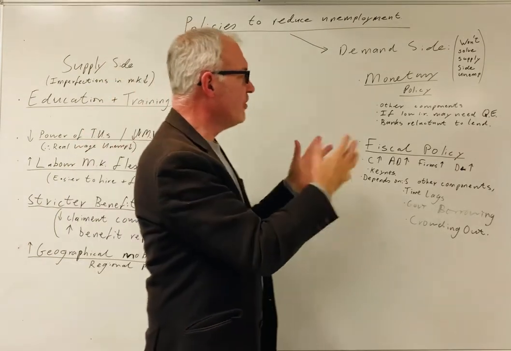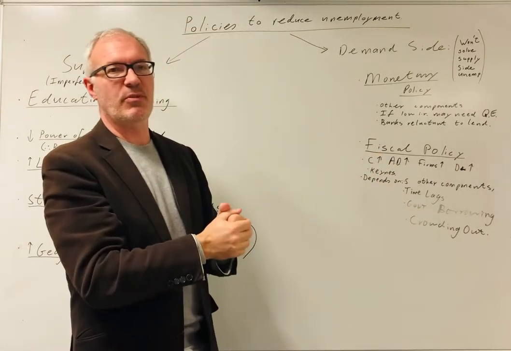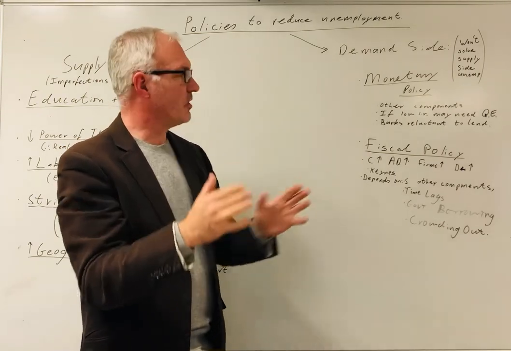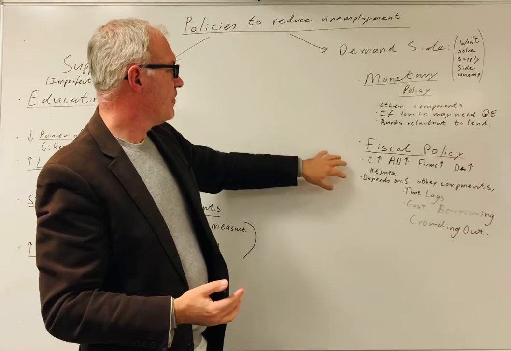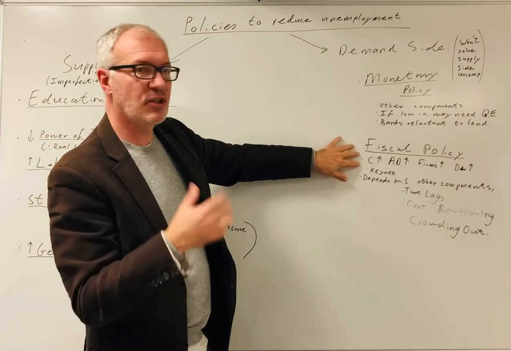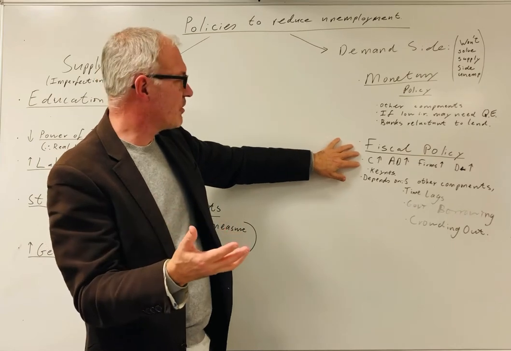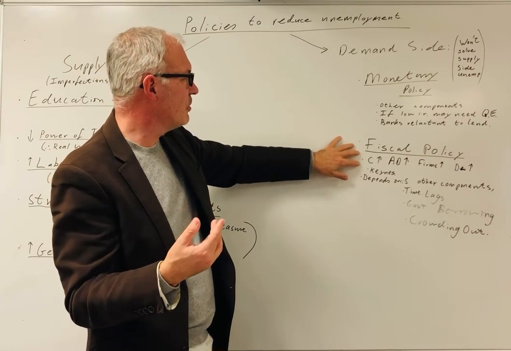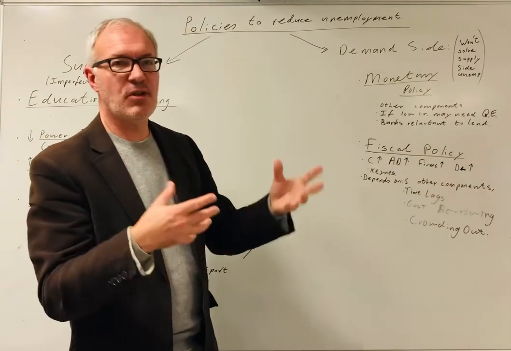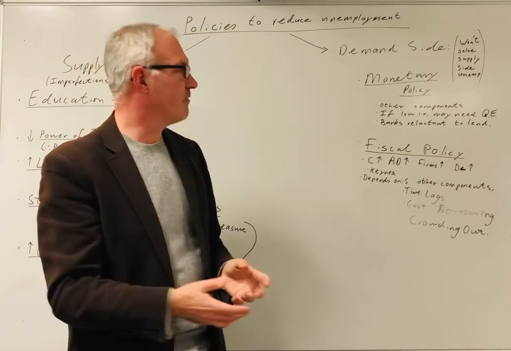So a reflationary fiscal policy would obviously be reducing tax rates and/or increasing government expenditure. This should then lead to an increase in consumption. Say a decrease in tax rates could lead to an increase in consumption, could lead to an increase in aggregate demand. Firms will experience an increased demand for their goods and services.